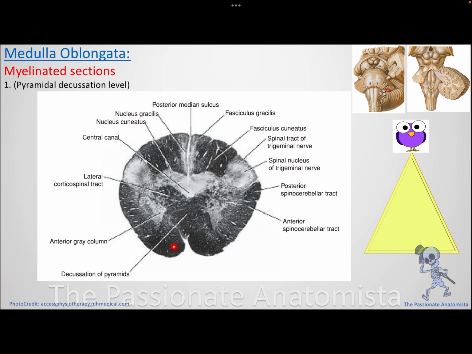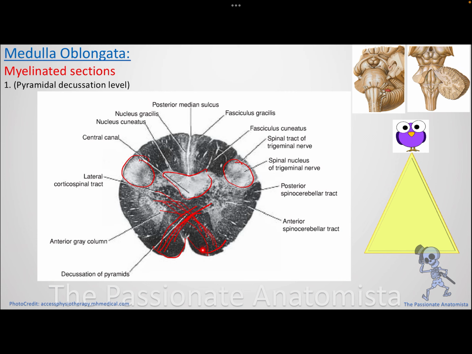To me, I can see it as a bird, and this is the nose of the bird. Okay, these are the eyes, and my eyes are the spinal nucleus of trigeminal, all right? And this is the bulging of the pyramids, and this is the decussation of the pyramids. They decussate that way to give me the lateral corticospinal tracts.